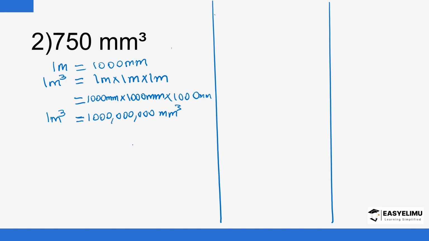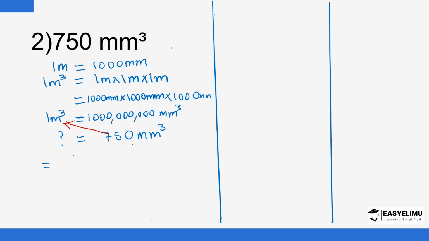So now, if that is the case, what about 750 cubic millimeters? You see I'm writing them: cubic millimeters, cubic millimeters. You have to write them on the same side. What number of cubic meters will this be equivalent to? Again, I'll do cross multiplication like I did in the previous example. So this multiplies that, and then we divide by the 1 billion.